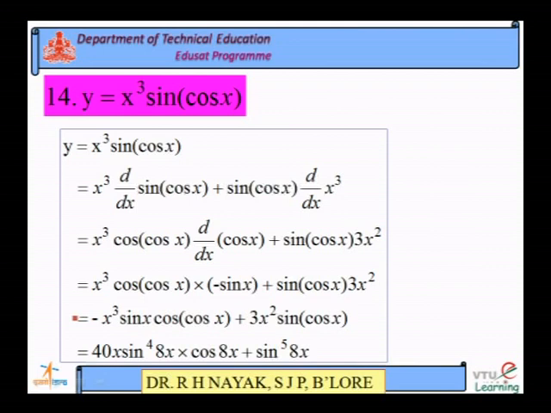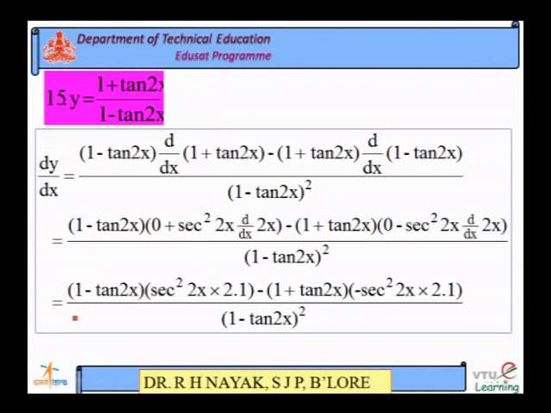This is also the u into v method, x to the power of 3 into sin of cos x. Take another important problem, y is equal to 1 plus tan 2x divided by 1 minus tan 2x.